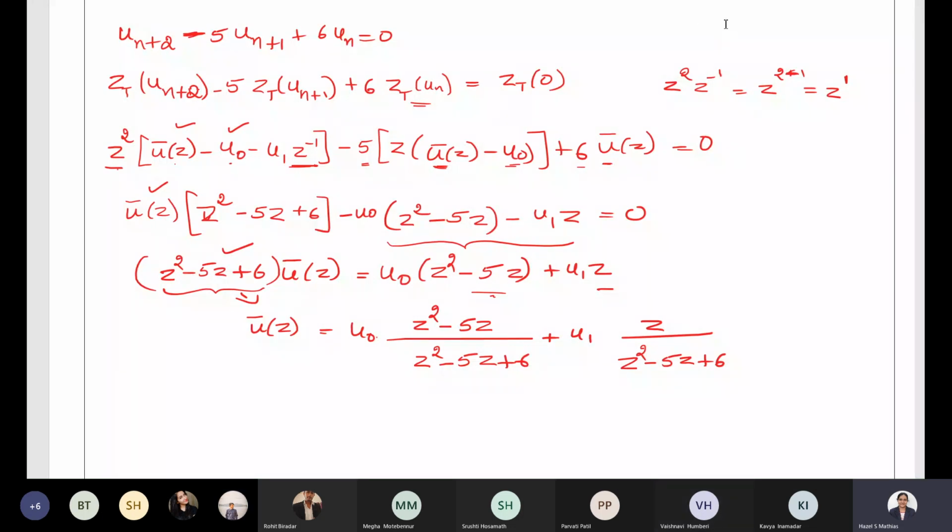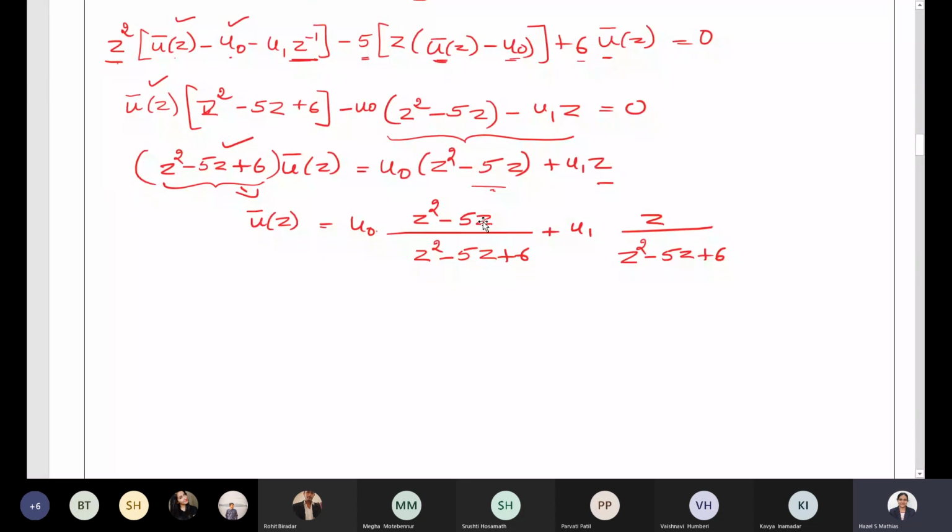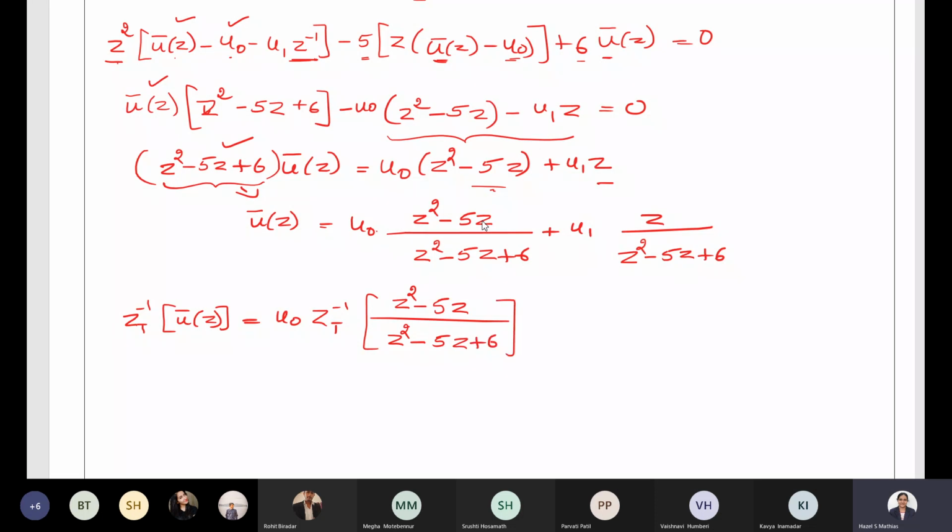Okay. Next, now what we do is we apply inverse z transform on both sides. That is the inverse z transform of u bar of z is equal to u naught into the inverse z transform of z square minus 5z divided by z square minus 5z plus 6, plus u1 into the inverse z transform of z divided by z square minus 5z plus 6.